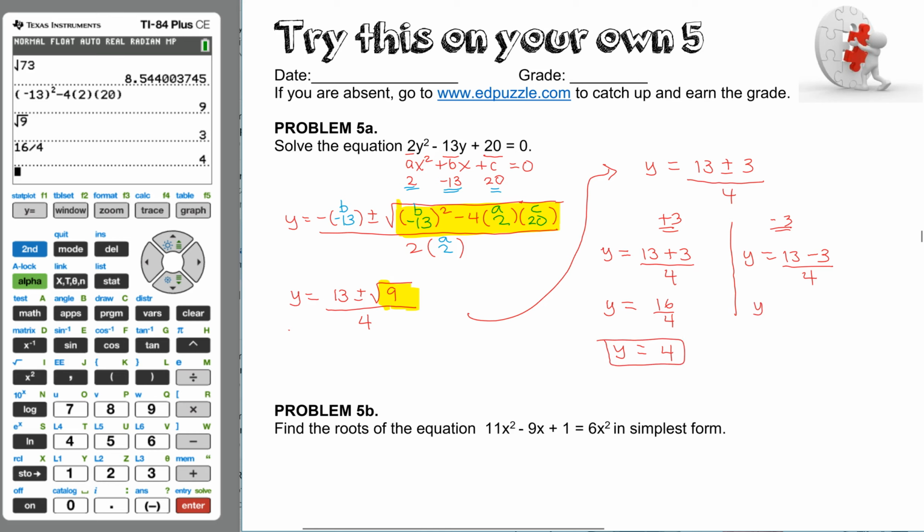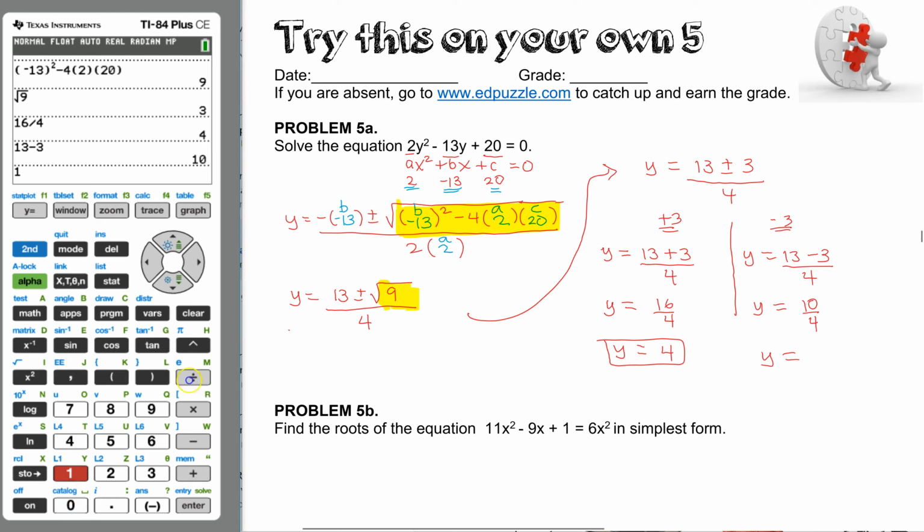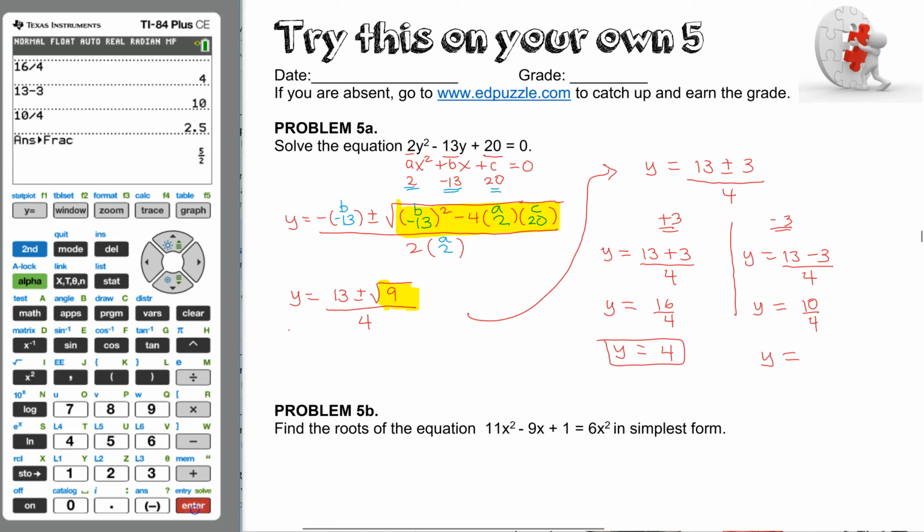The other one, so y equals, you have 13 minus 3. That gives me 10 divided by 4. So 10 divide 4, press enter. Okay, go to math, enter twice, that gives you 5/2.